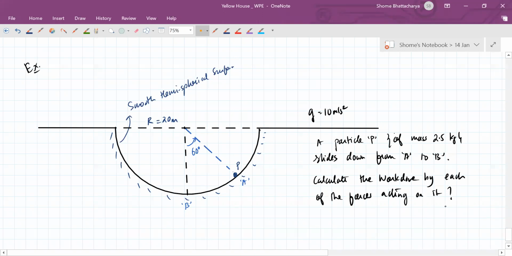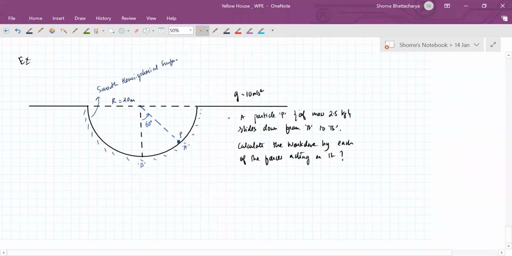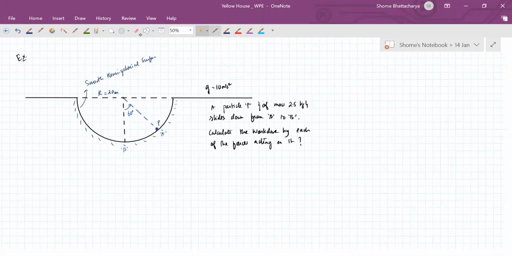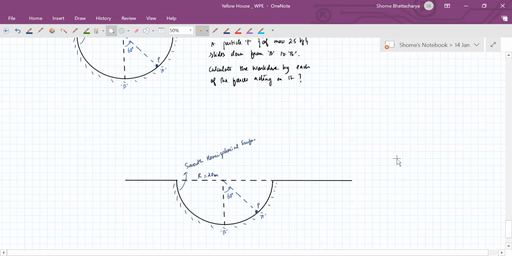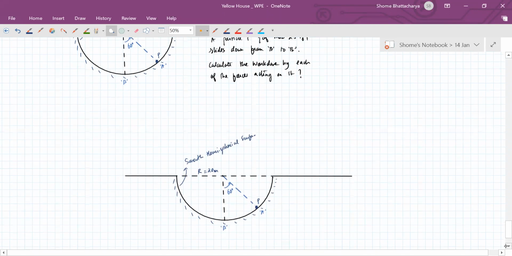So now in this example, what we'll see is there are two forces acting on the particle at any point of time. One is the gravitational force mg and the other is the normal reaction force n. Okay. But the difference is this time gravity will be a constant force, okay, whereas normal reaction will be a variable force.